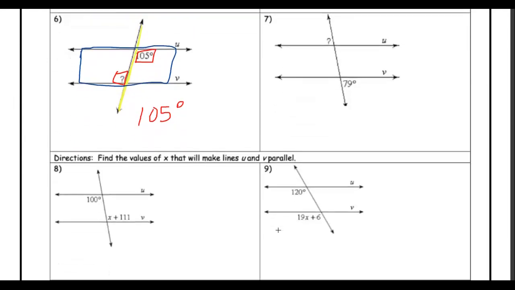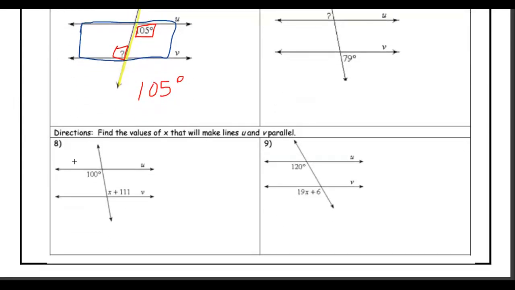Moving on. We have one more here. We have question 8. It says, find the value of x that will make lines U and V parallel. So this time, just like the ones before, but this time we're solving for x. Okay, we were given 100 and x plus 111. Use your strategy, highlight your transversal. Identify the interior.